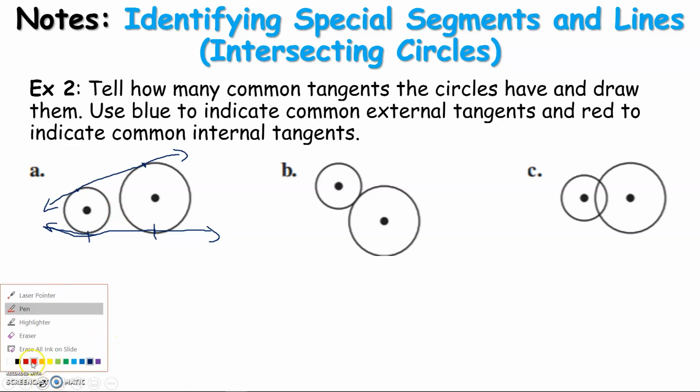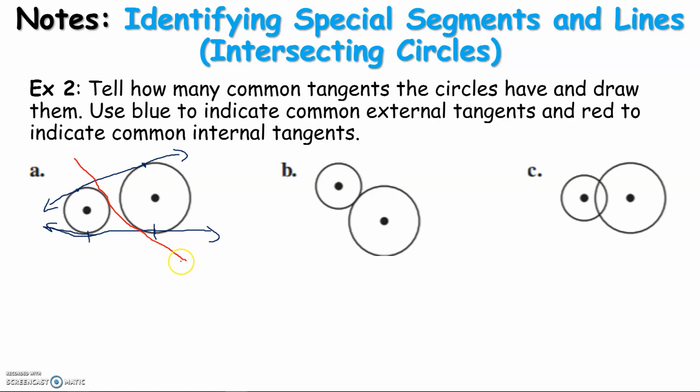Let's go ahead and draw them. So we're going to draw a line that goes through the center that touches here once and then there once. And we're going to see that as tangent here and here.